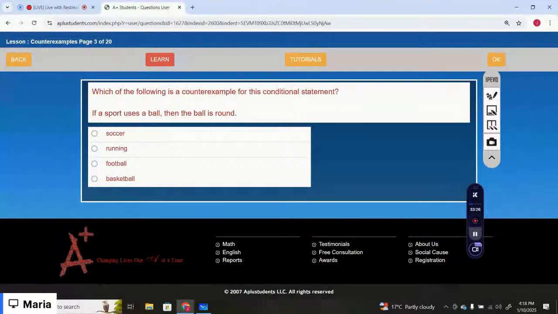Which of the following is a counterexample for the conditional statement? If a sport uses a ball, then the ball is round. So which sport uses a ball but the ball is not round?